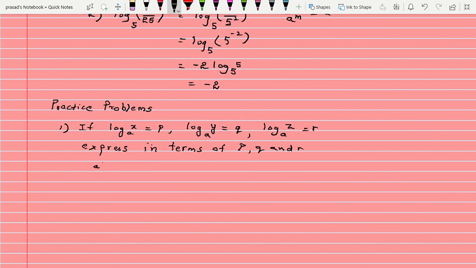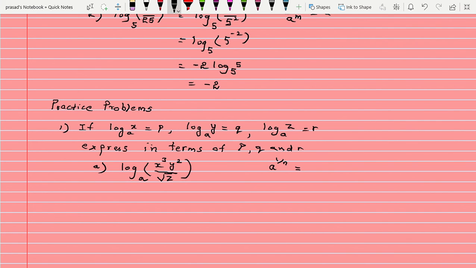First one, log x cube y square upon root z to base a. Keep it in mind that according to the laws of indices, a to power 1 upon n. What do you mean by a fractional power?